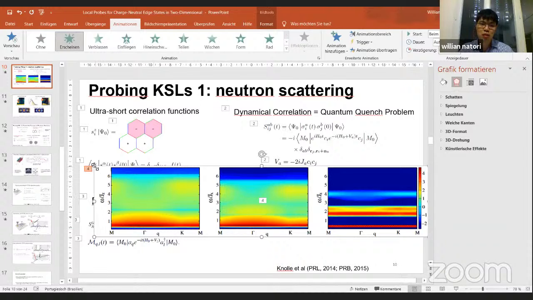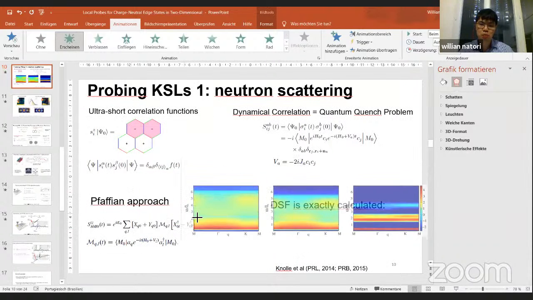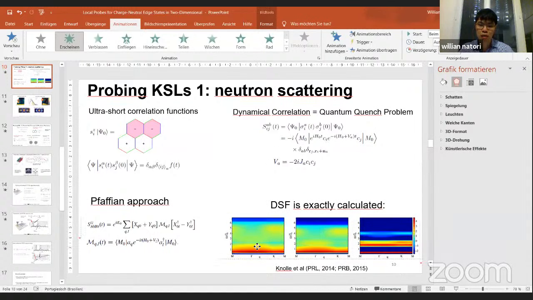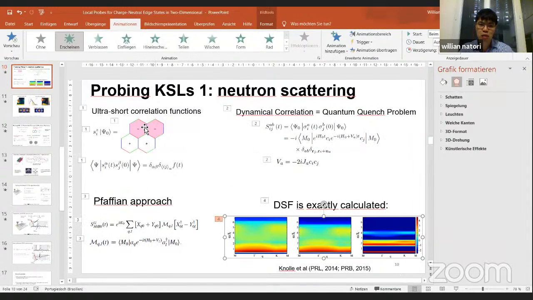That's because the first response of the spin correlation is the formation of these visons here. And these visons are always gapped excitations.